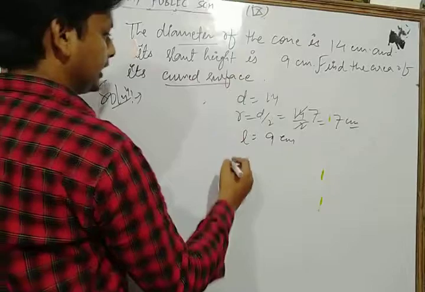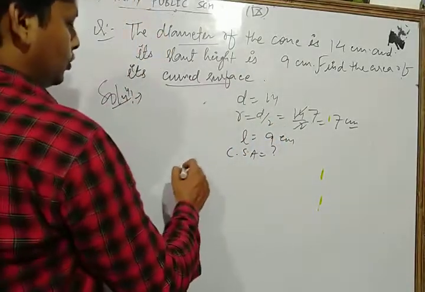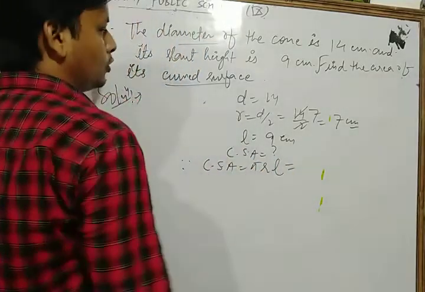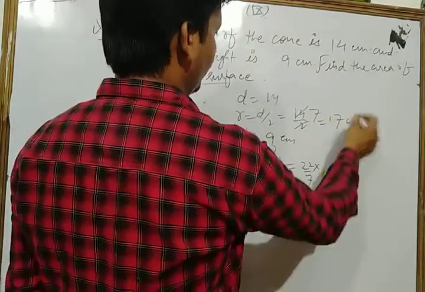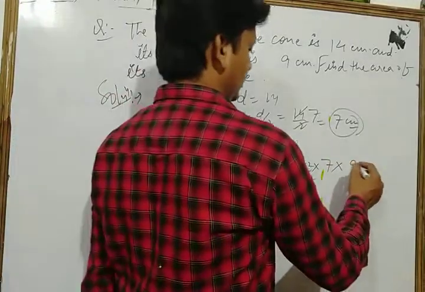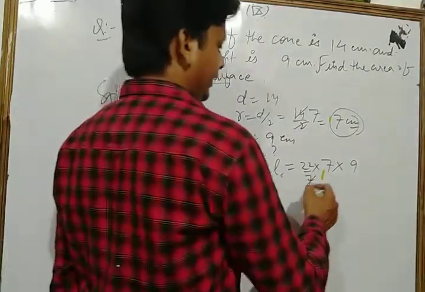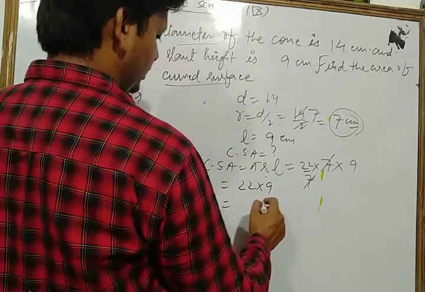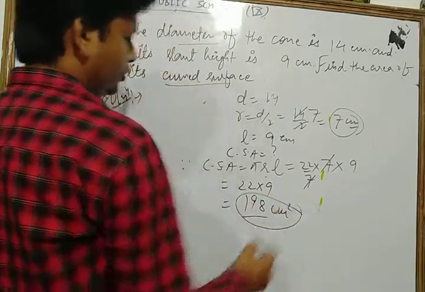We find the curved surface area of the cone, and we know that the curved surface area of the cone is pi r L. The value of pi is 22 by 7, into the radius 7, and the slant height 9. Now 7 cancels, so 22 into 9, that is 198 centimeter square. This is your answer.